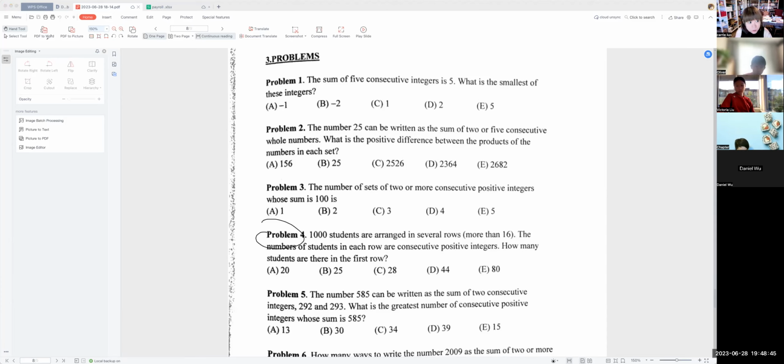Okay, so let me ask everybody, if we have 1,000 students and they're arranged in several rows, but we don't know how many rows there are, but I know it's more than 16.